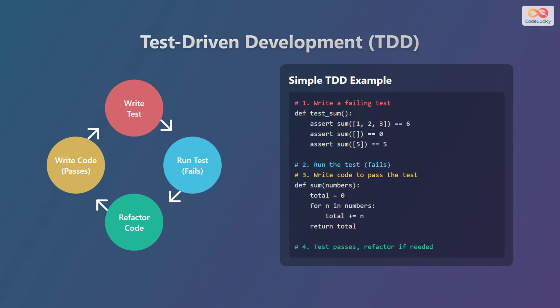Second, run the test and it fails. Third, write code to pass the test. def sum(numbers): total = 0, for n in numbers: total += n, return total. Fourth, test passes, refactor if needed.